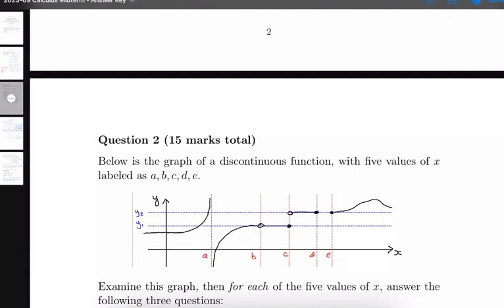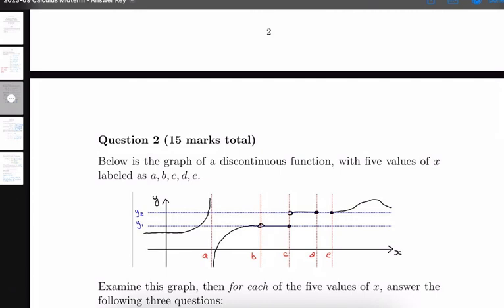So for A, answer the following 3 questions. Then, what's the next value of x? B. So for B, what do I do? I answer the following 3 questions. So that's now 6 answers I have given.